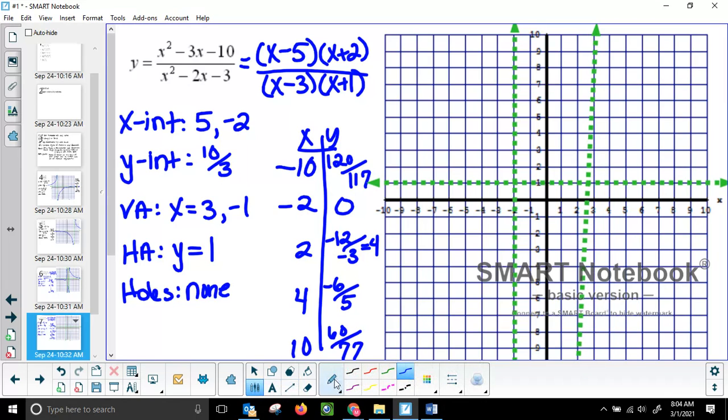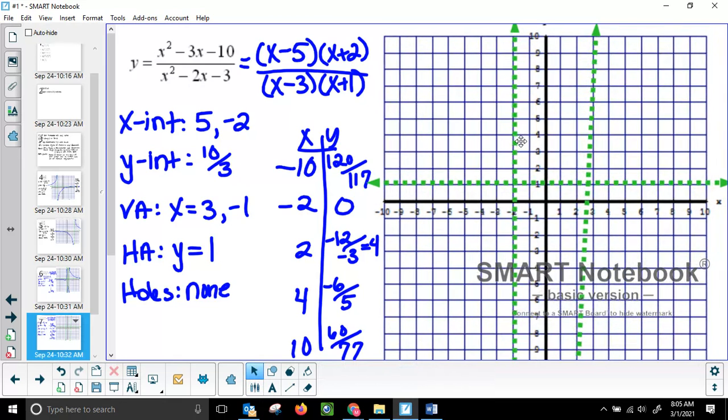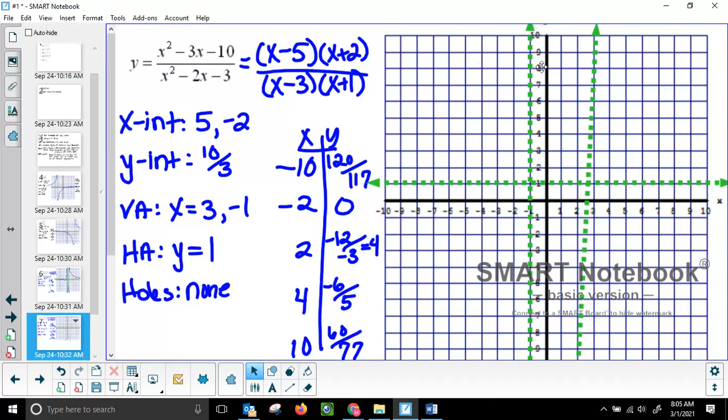Now we can put all of our points on here. So x-intercept, and I obviously put this in the wrong spot. Oops. There we go. So negative 2, 5, y-intercept of 10/3, which is 3 1/3. Negative 10, just over 1. Negative 2, 0 we have. 2, 4.